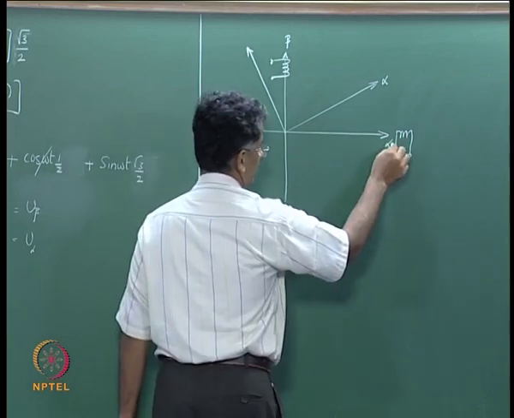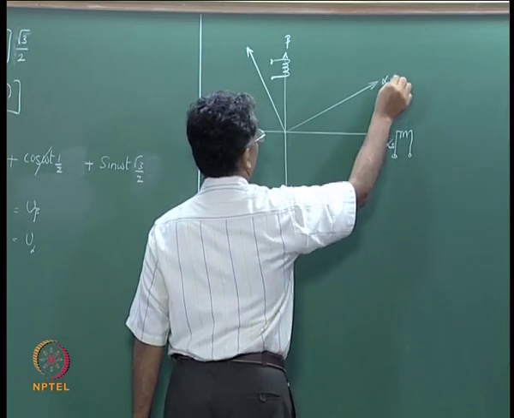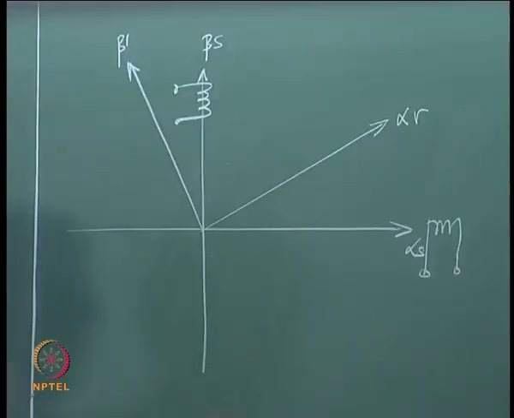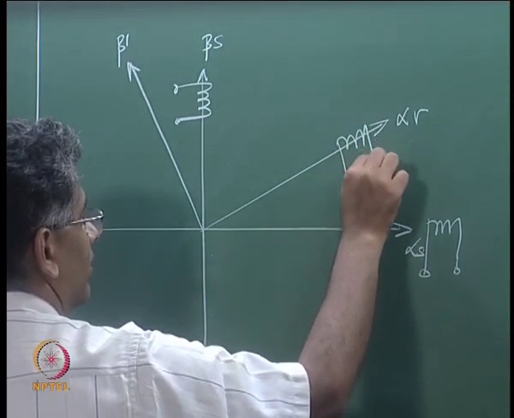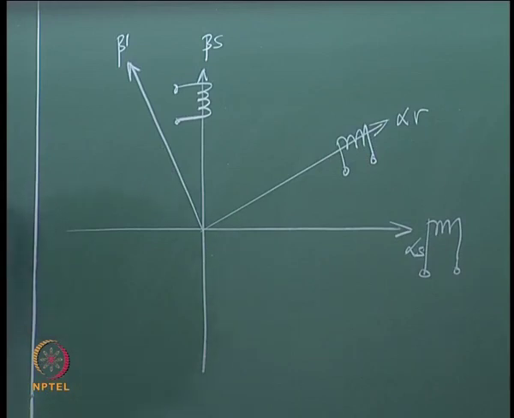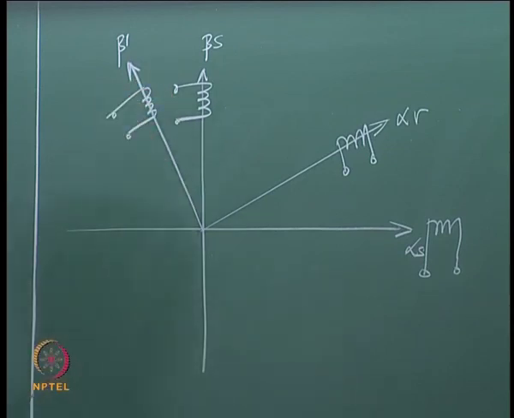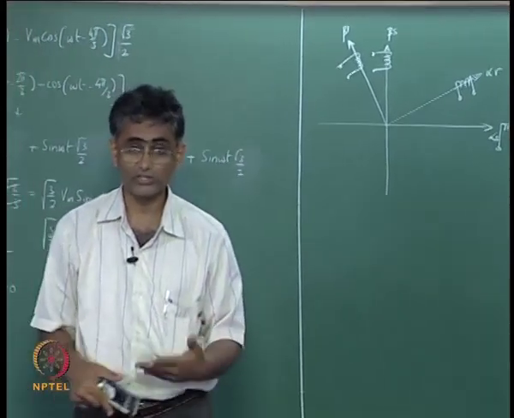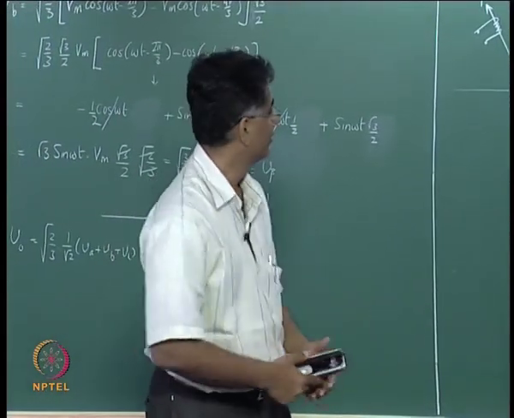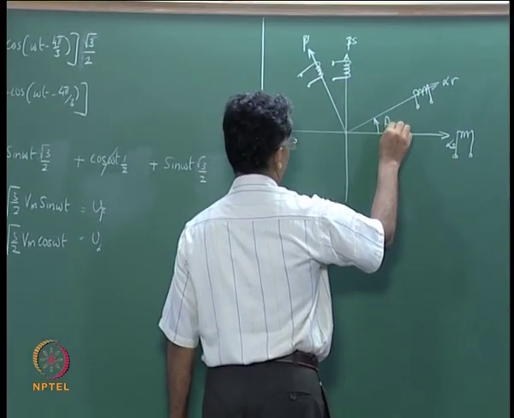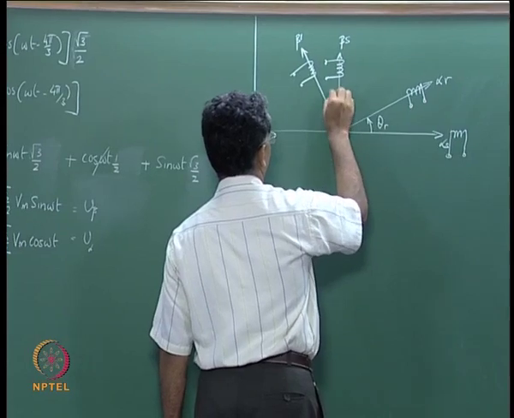So, to distinguish them, we will call it alpha S, alpha R, beta S, and then beta R. And you have a coil on the rotor which is producing an MMF along the alpha R axis, and then you have a coil on the beta R axis as well. In representing this way, we are not making any reference to the 3 phase machine, we are starting directly from a 2 phase machine, and this angle is the rotor angle theta r.